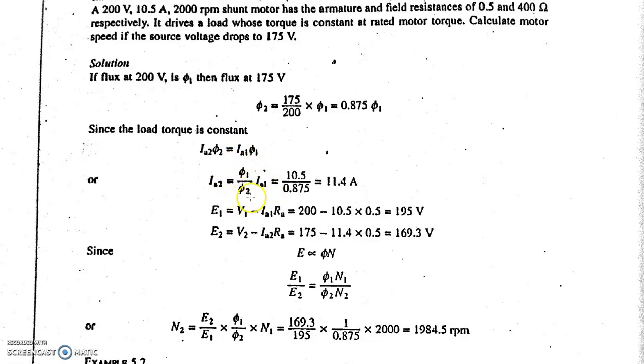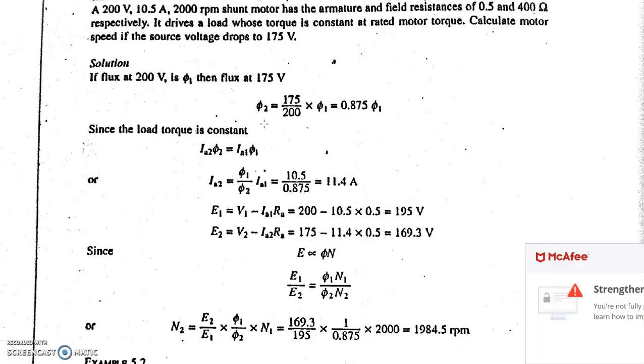Now we want the ratio phi 1 upon phi 2. The flux phi in the case of a shunt motor is due to the field winding current, and the armature voltage is directly applied to the field winding also.